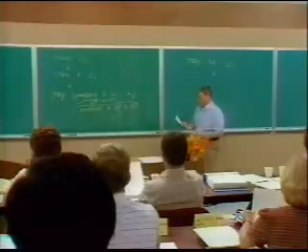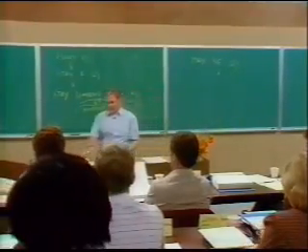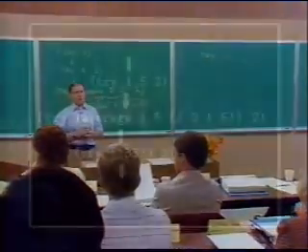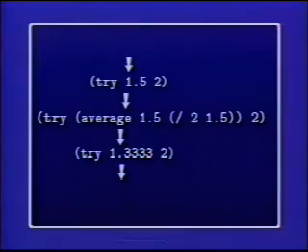Let's look at the rest of the process. If I try 1.5, that reduces. 1.5 turns out to be not good enough as a guess for the square root of 2. So that reduces to trying the average of 1.5 and 2 divided by 1.5 as a guess for the square root of 2. That average turns out to be 1.333.